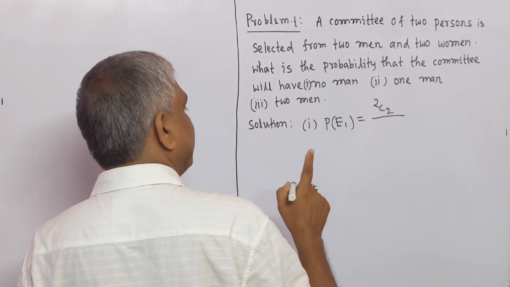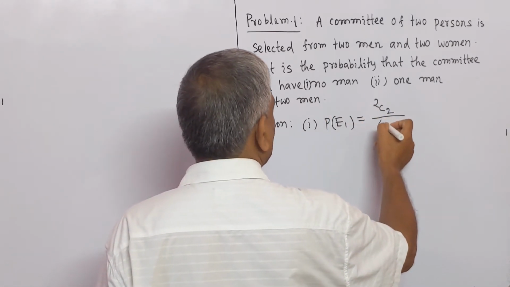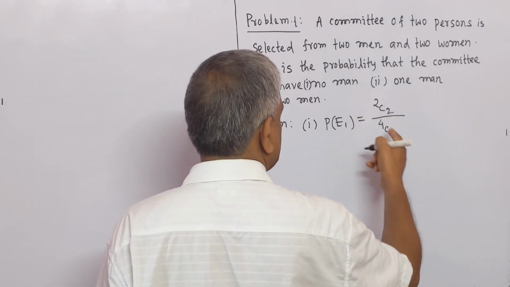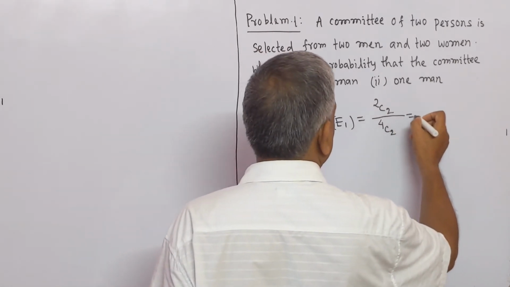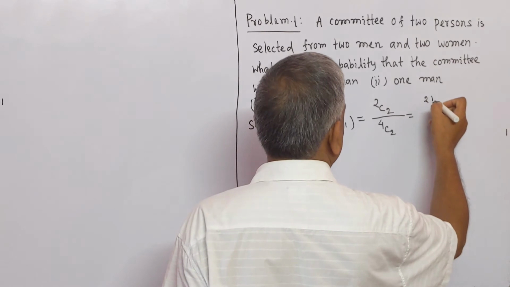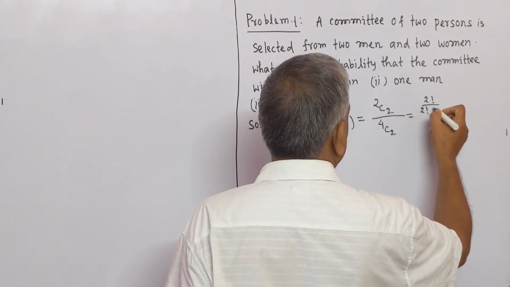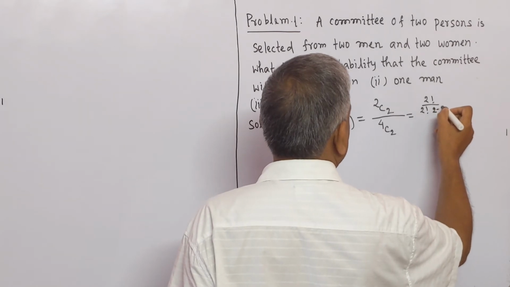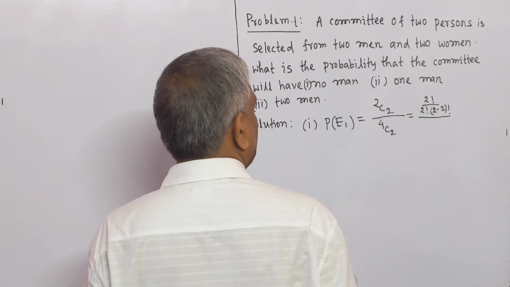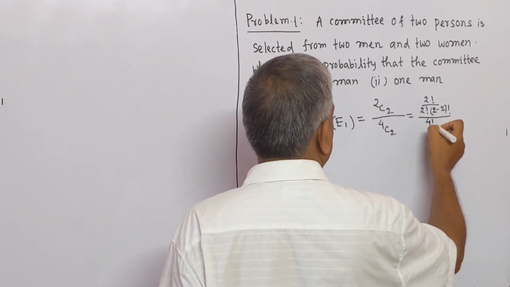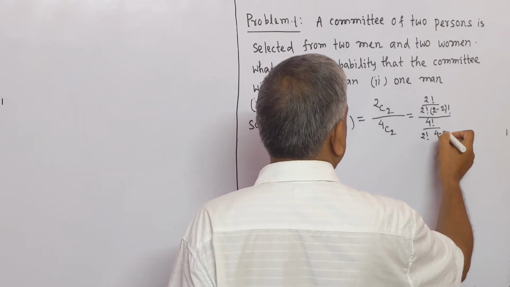Number of elements in sample space will be 4C2. We have to select 2 persons out of 4 persons. So this will be equal to 2C2, means factorial 2 by factorial 2 times factorial 2 minus 2, by factorial 4 by factorial 2 times factorial 4 minus 2.